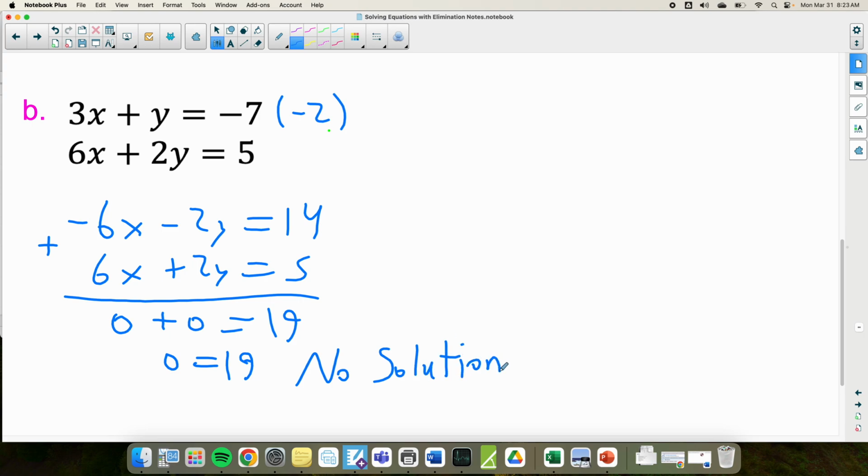If you get confused if it's no solution or infinitely many solutions, you can just solve for y.